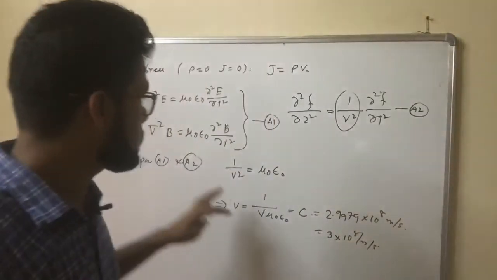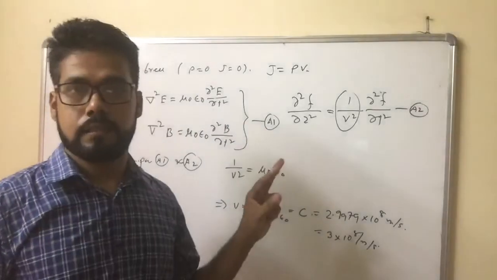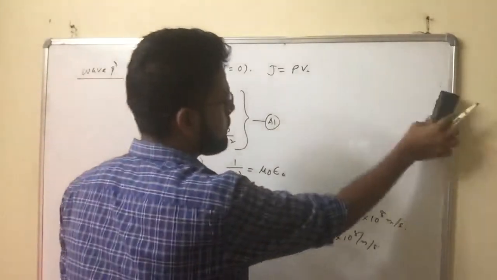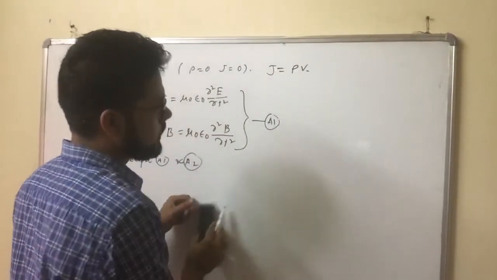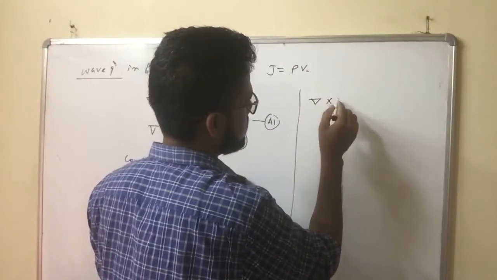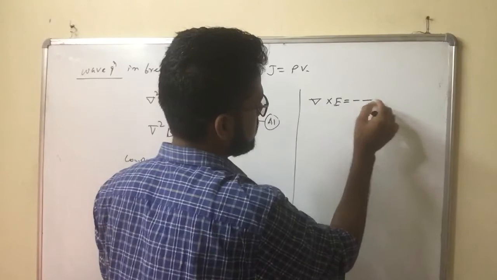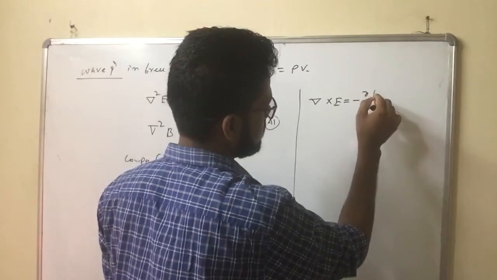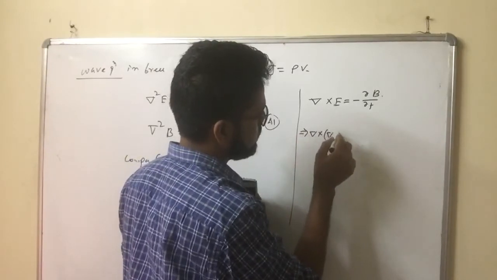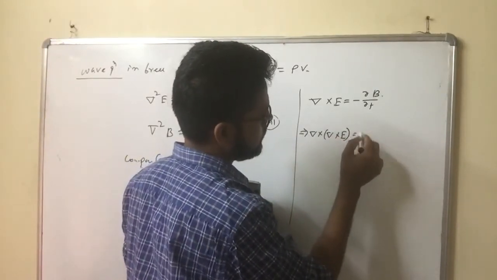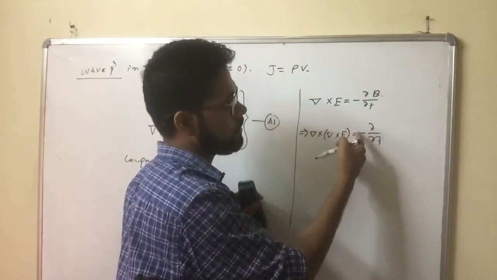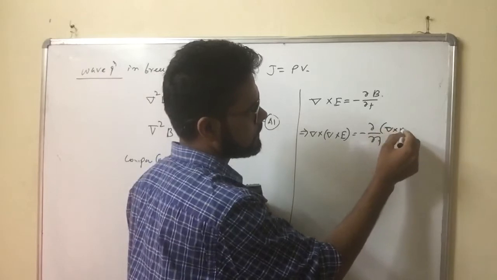And you have seen that only the displacement current term played a significant role. How? I have already shown you. When I take the curl, this is the Maxwell equation, I take the curl of both sides, curl of curl of B. Since del depends on x, y, z, it will come inside this bracket, that is why.